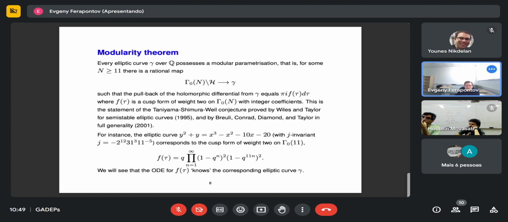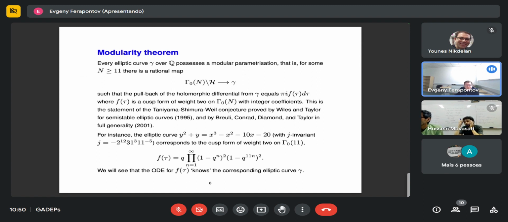It turns out that the pullback of the holomorphic differential is 2 pi i f of tau d tau, where f of tau is a cusp form of weight 2 on gamma 0 of n with integer coefficients. This is the statement of the modularity theorem. So in other words, this rational curve gamma can be parameterized by this modular form and its derivatives. I will show you formulas.